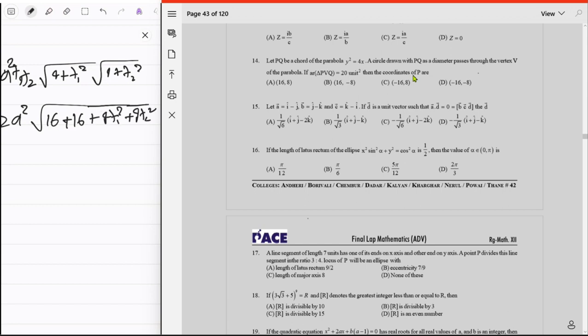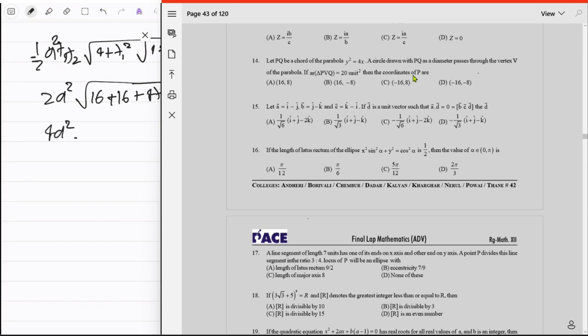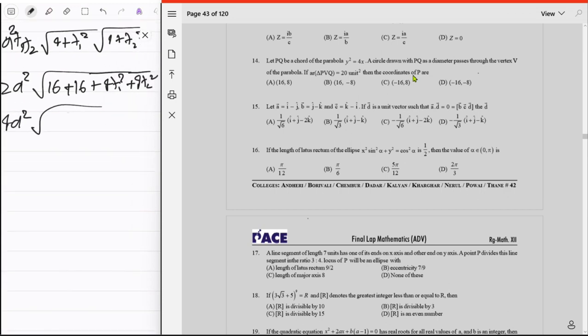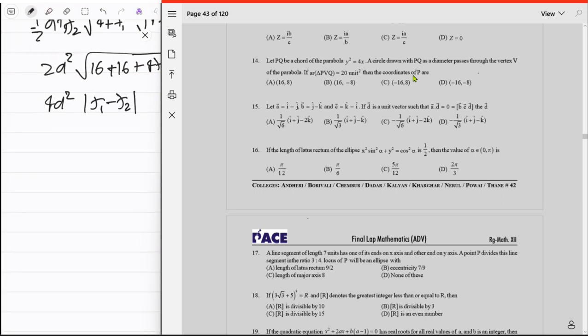Which happens to be 4a square times square root of t1 square plus t2 square plus 8, well, yeah, we know that's just mod of t1 minus t2. So 4a square is like 2a whole square, basically 4.